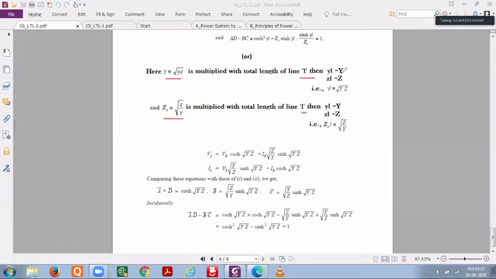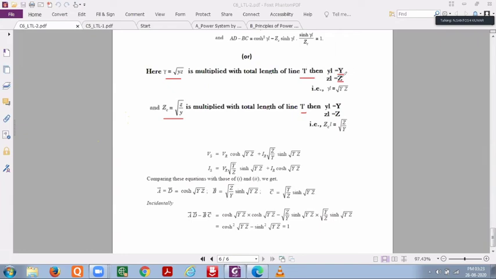So small y into L will be total admittance. Similarly, z into L will be total impedance. Am I getting my point? Please try to understand. There is nothing technical or any complexity here. Simply, he is multiplying the impedances and admittances with the total length.